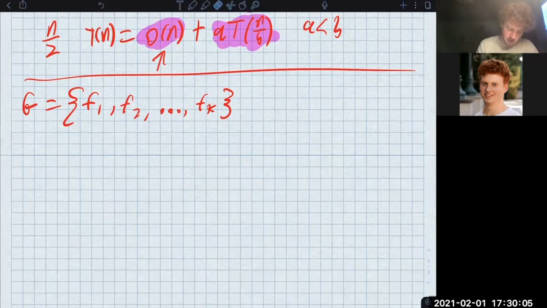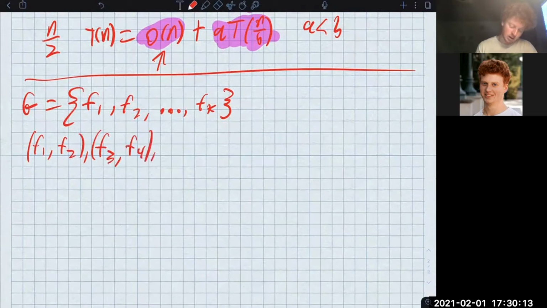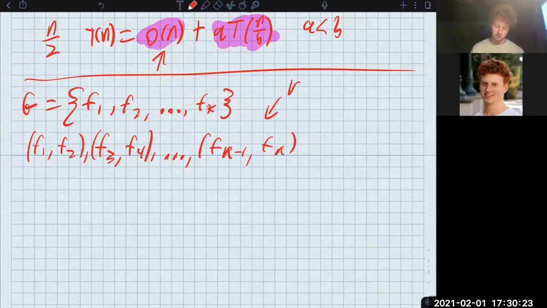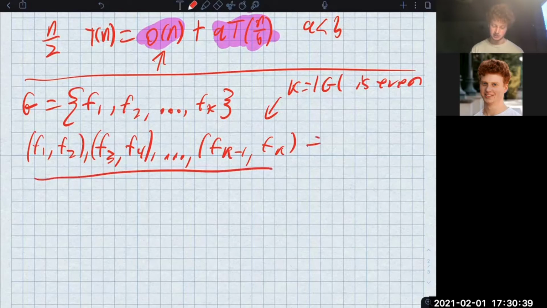One easy way to do that is f1 against f2, f3 against f4, and so on until f_(k-1) against f_k. One assumption we made here is that k, the size of the group, is even. Obviously this isn't necessarily true, but the odd case turns out to be easy to deal with later, so we'll put that on the back burner and come back to it. And what we have here is, again, k/2 queries.